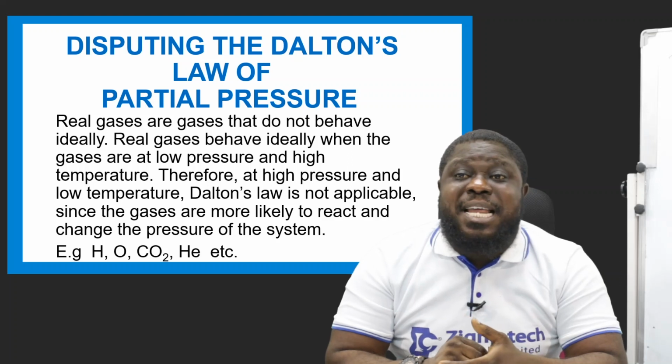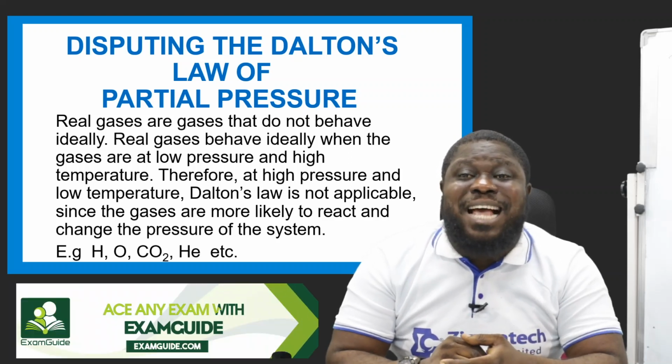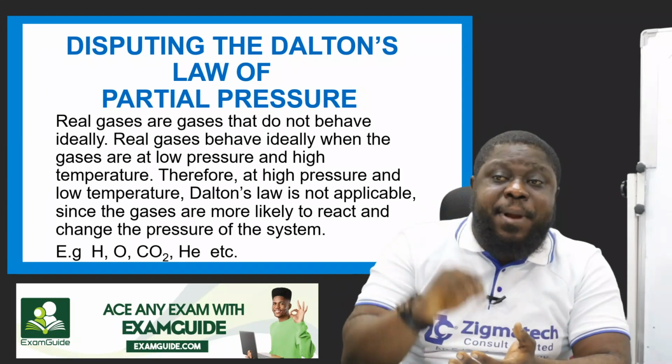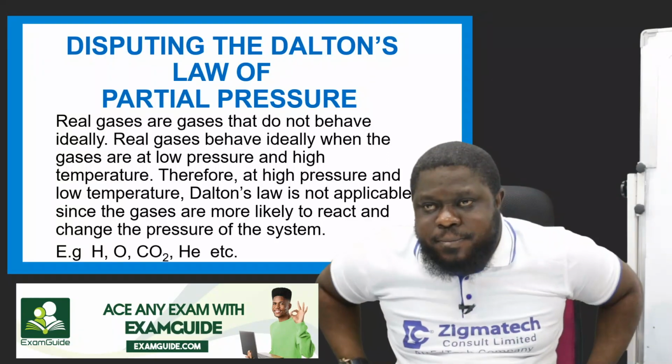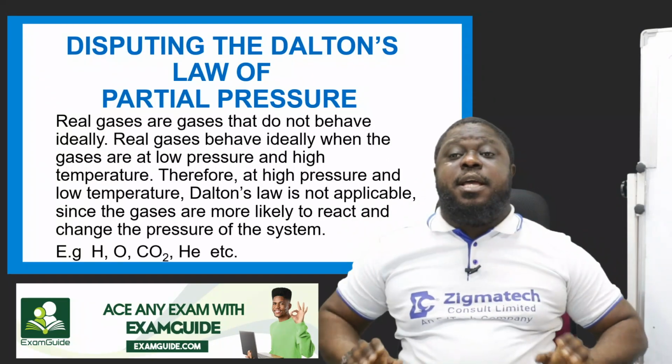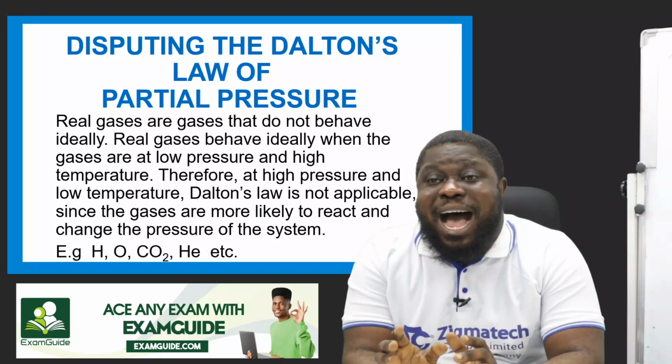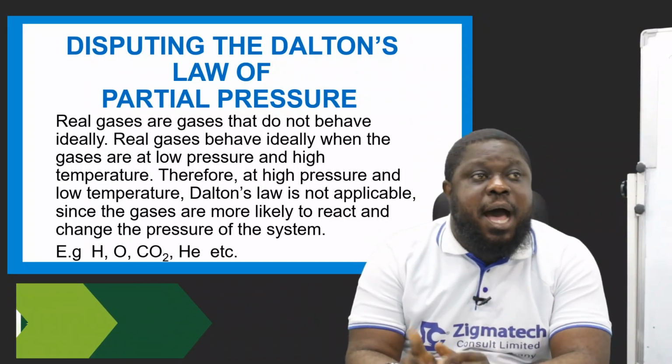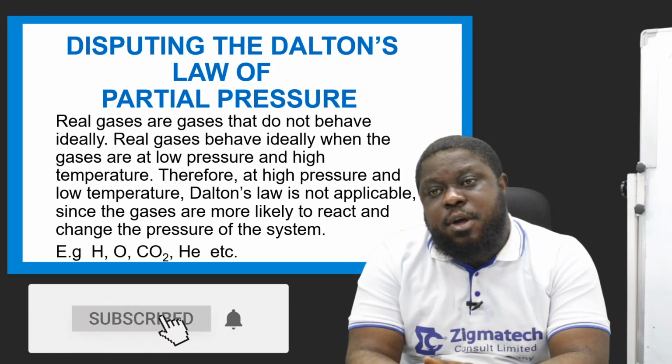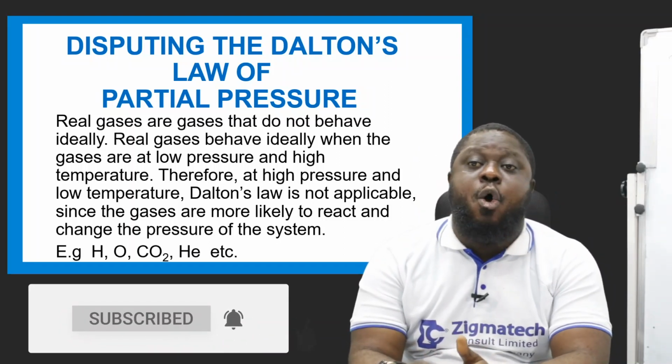The real gases behave ideally when gases are at low pressure and high temperature. The gas laws are not obeyed at high pressure and high temperature, or high pressure and low temperature.